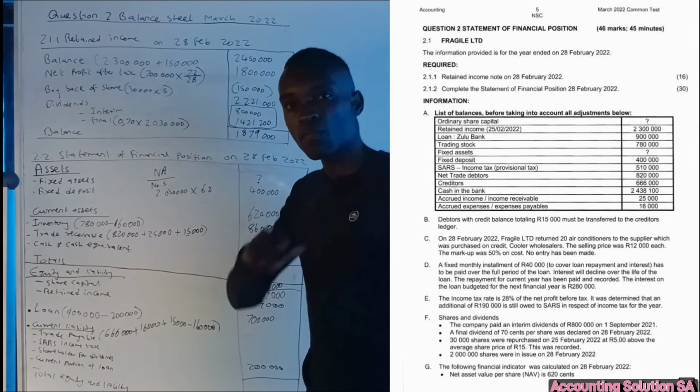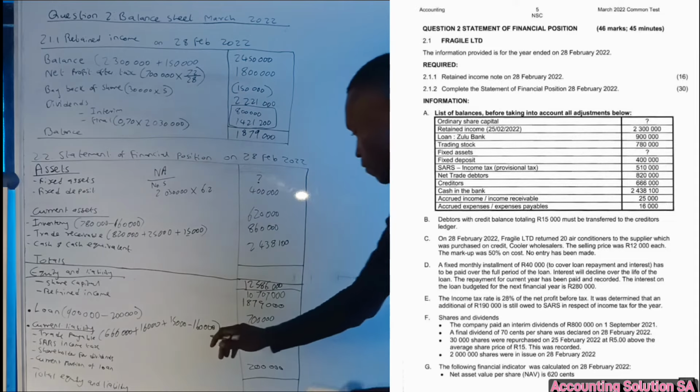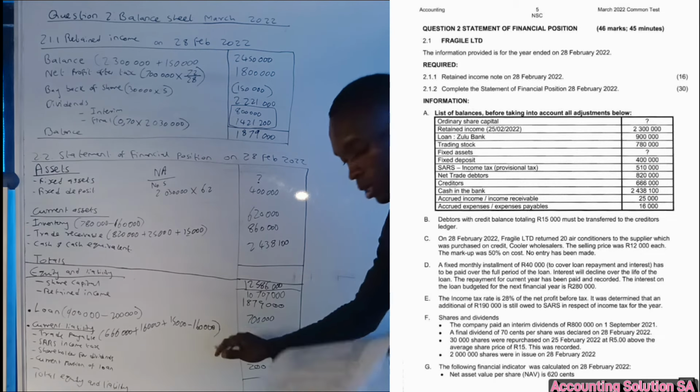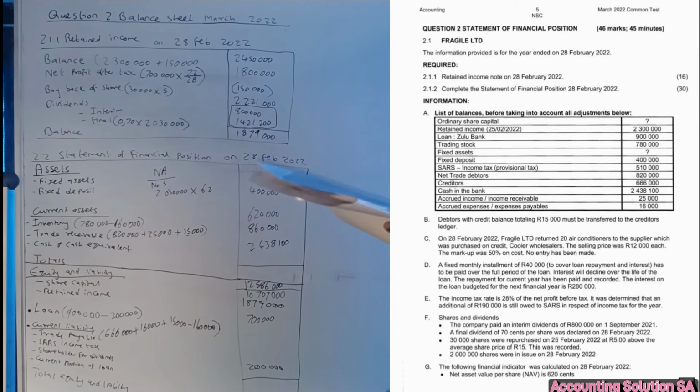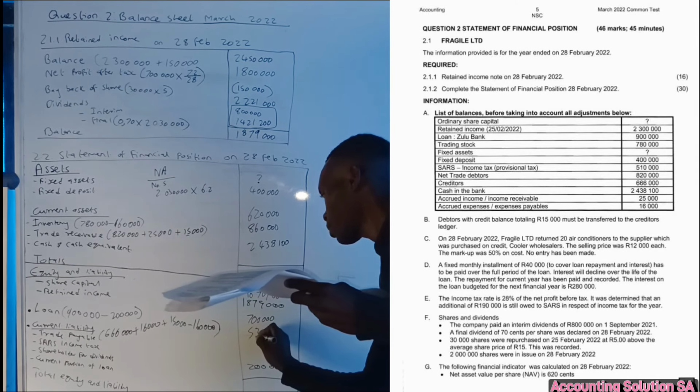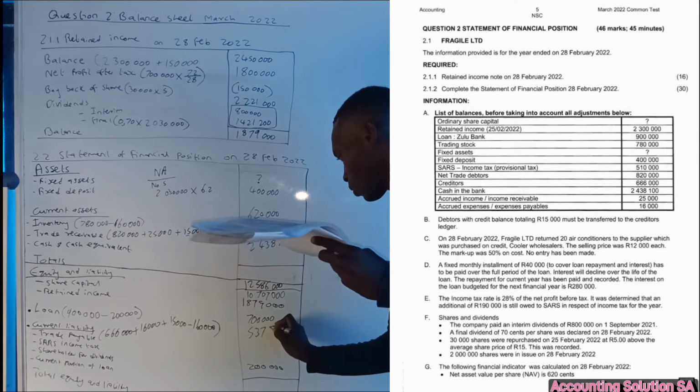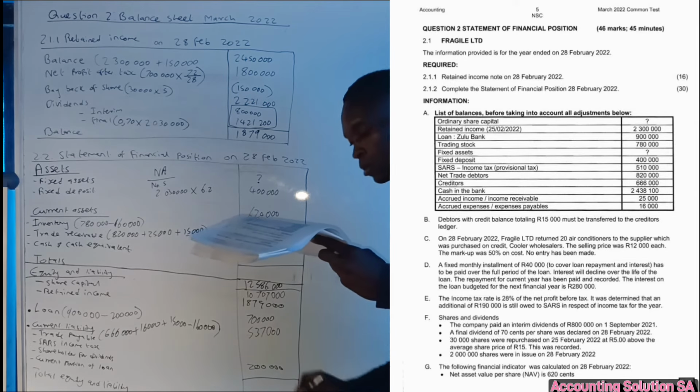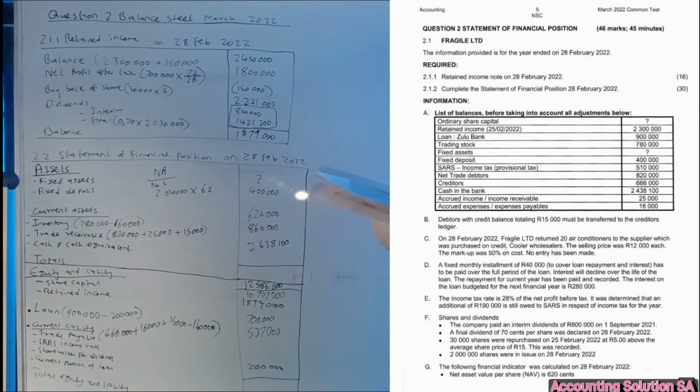We don't owe them, we return those goods. So if you do this, it's going to give you the total of 537,000. Okay, just like that.